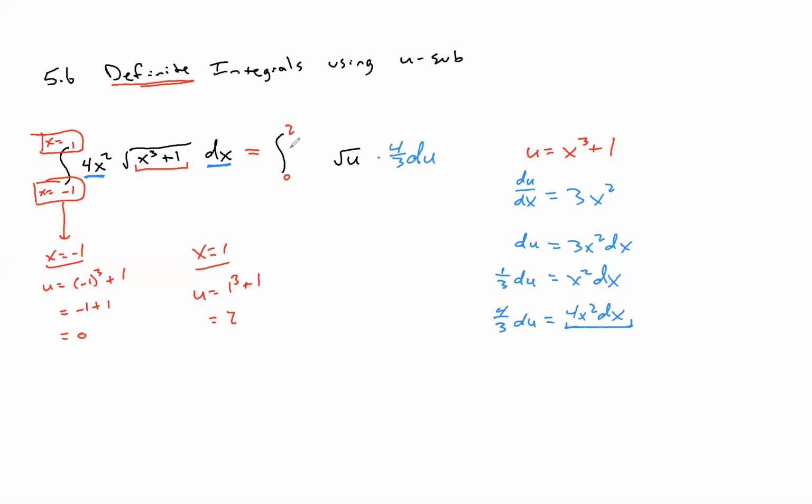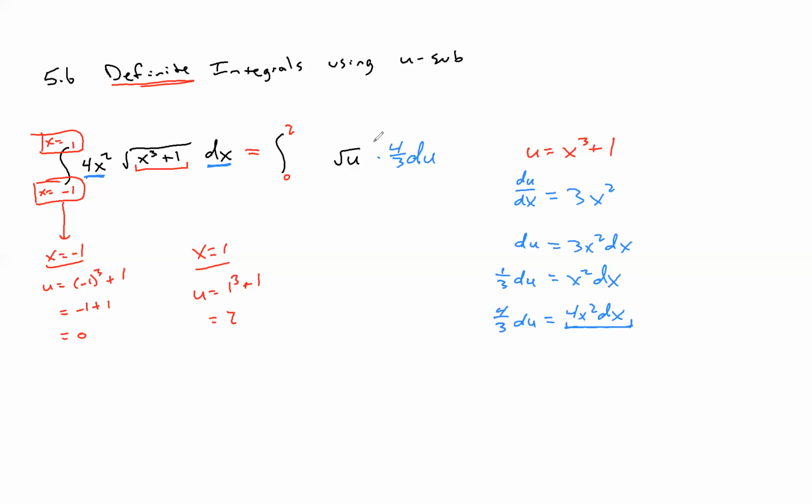All right, so we use our substitution, x cubed plus 1, to find our new bounds on our integral. All right, so from here, this is a simple antiderivative, okay? And that's the whole point to using substitution, is we take an antiderivative that we don't know and turn it into something we do know.